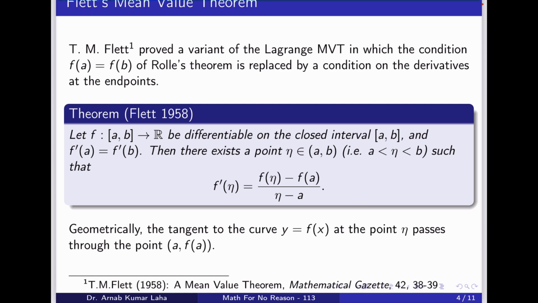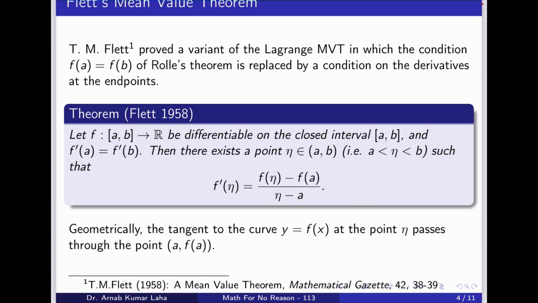then there would be a point eta in the open interval (a, b), that is a less than eta less than b, such that f prime eta is equal to f(eta) minus f(a) divided by eta minus a. Note that in Rolle's theorem we had the condition f(a) is equal to f(b). In Flett's theorem we have the condition f prime a is equal to f prime b.